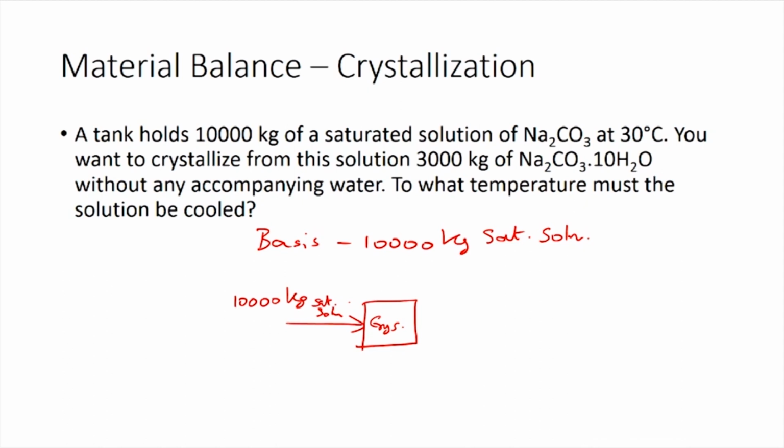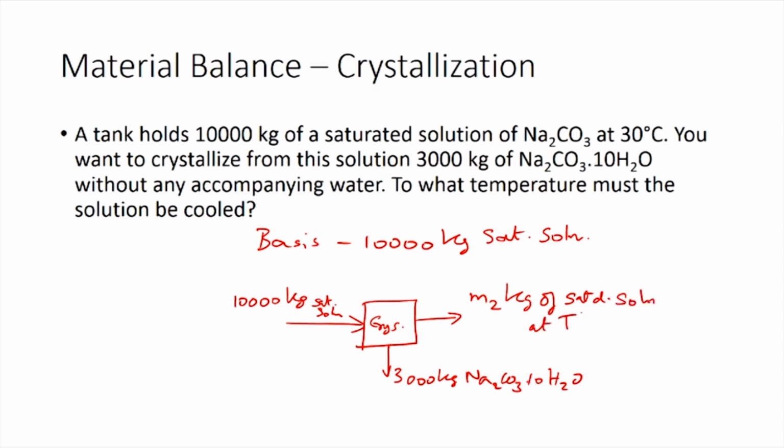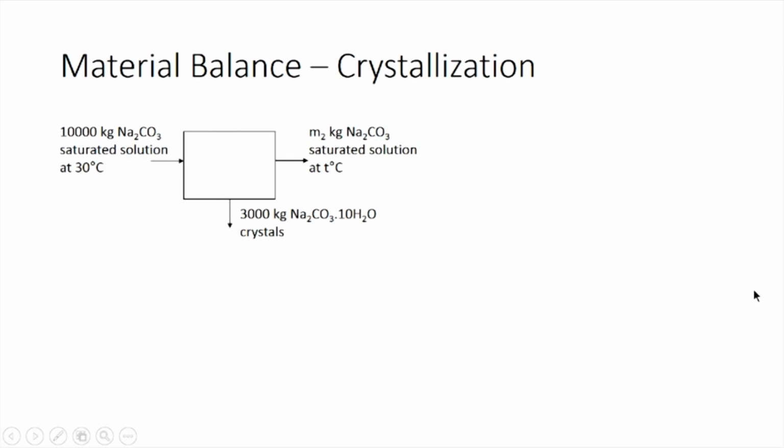The problem says that we will have 3000 kilograms of Na2CO3·10H2O leaving the system and the rest will be leaving in the form of solution. This would be a saturated solution whose mass we do not know, so we will call it M2 kilograms of saturated solution at T degrees Celsius. As we do not know the temperature, we need to finally calculate what this T is. So, now we have the flow chart. Let us see if we can solve this problem.